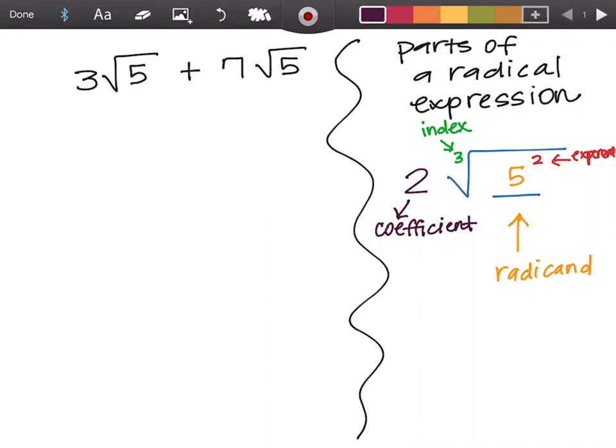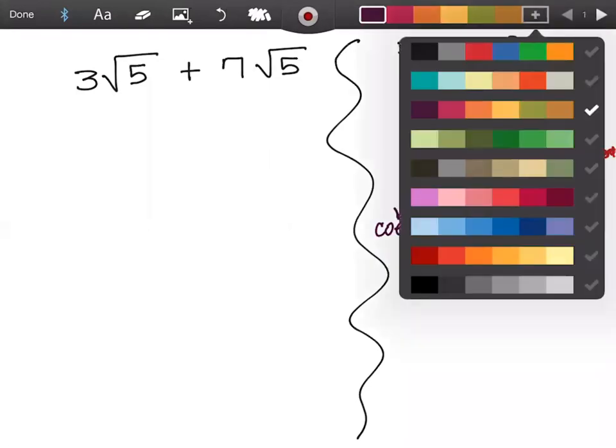You won't always see all of these different components expressed, but then that's when we know that they are invisible numbers that we use.